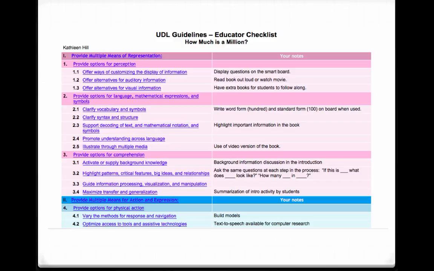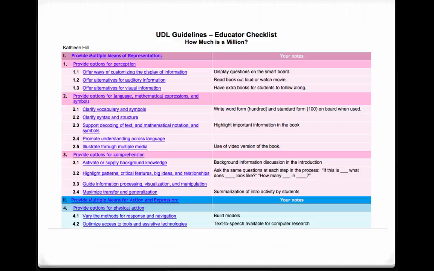As I was completing this checklist, I noticed places where I could simply increase the accessibility of the lesson. For example, in 1.1 up there, where I wrote display questions on the smartboard, that wasn't part of my original lesson, but as I thought about it, I thought that would certainly help many of the students.